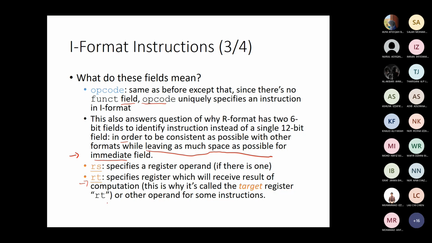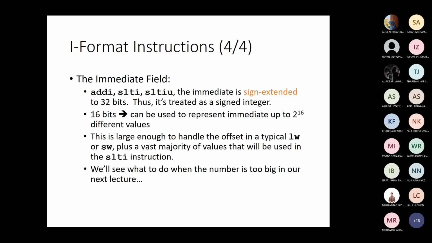RT becomes the destination, but they did not use the destination field for the other formats, I format and J format. It's because they are using the target. Why do they keep on using the target register in the I format?